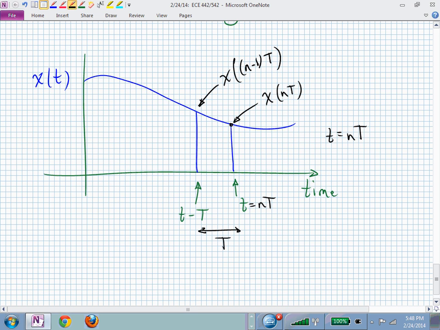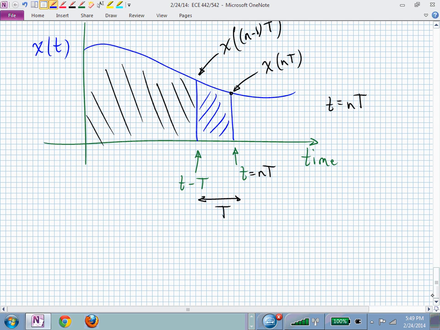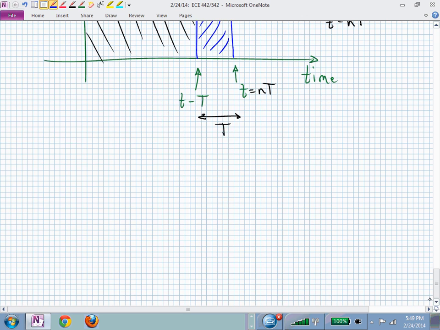With numerical integration, what we're really wanting is to find a way to numerically compute the area underneath this curve x of t. And I've shaded this in two different colors because I want to now say that y of t is the integral from 0 to t of x of tau d tau.